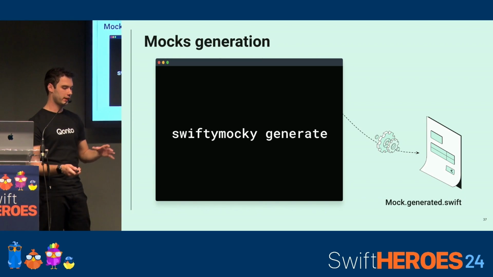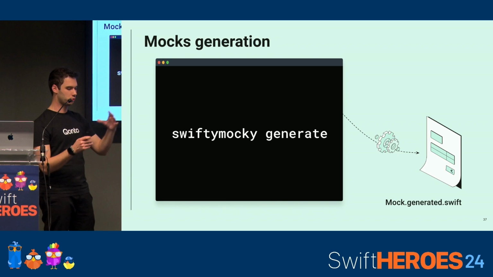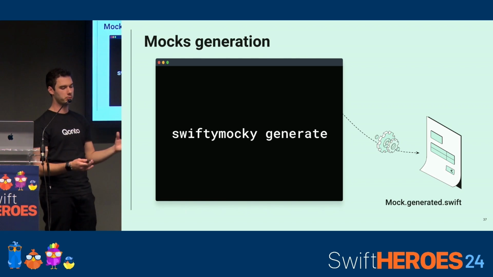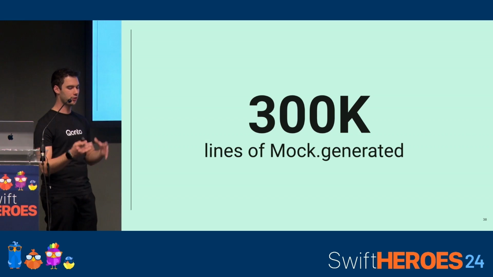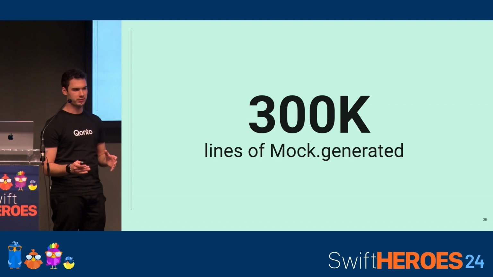So let's go back for a second and talk about the SwiftyMocky generate command. As you know, by default, it outputs a Mock.generated file. This file can get really large really quickly, and in 2023 at Conto, we had 300,000 lines of code of Mock.generated.